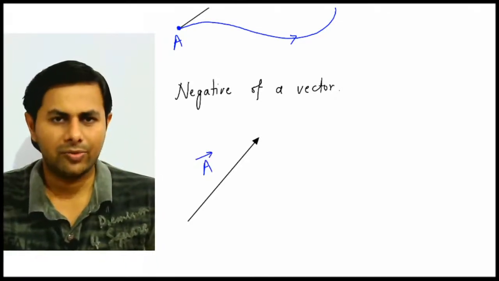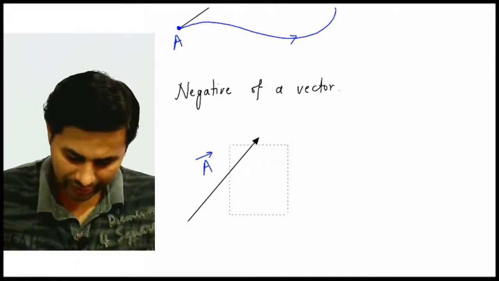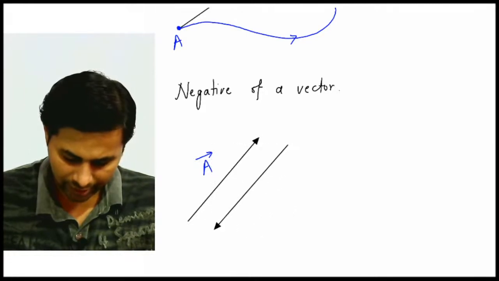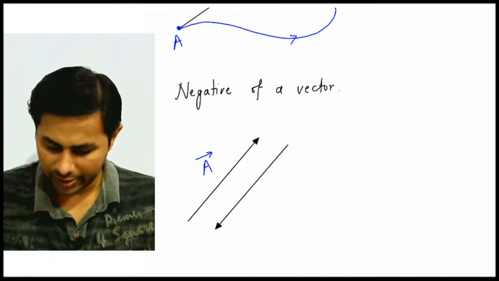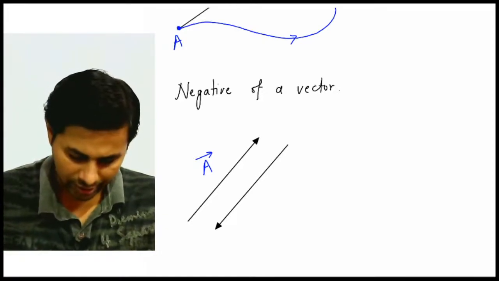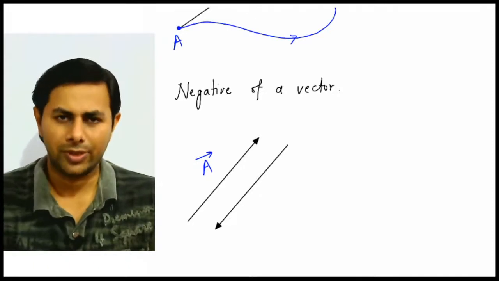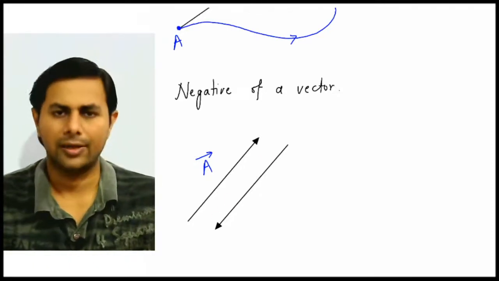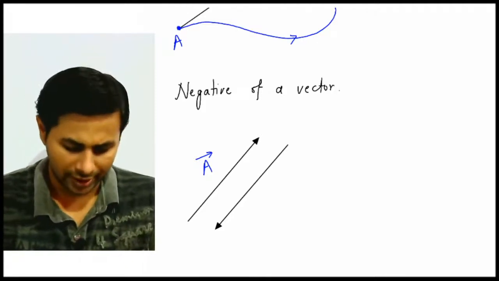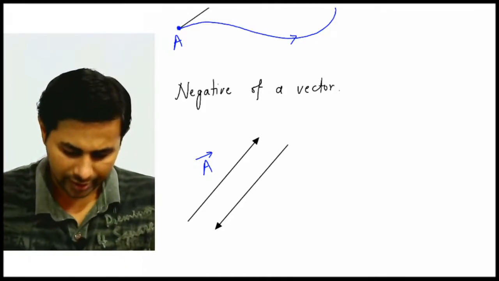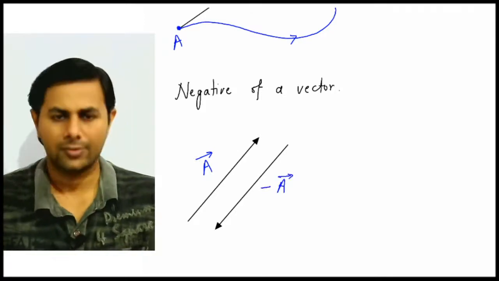So negative of this vector will be a vector having same magnitude but in opposite direction. So this is obvious. If this is A bar, then a vector which is directed opposite to this vector and which has same length is known as negative of this vector. So I can say this vector is minus of A bar.